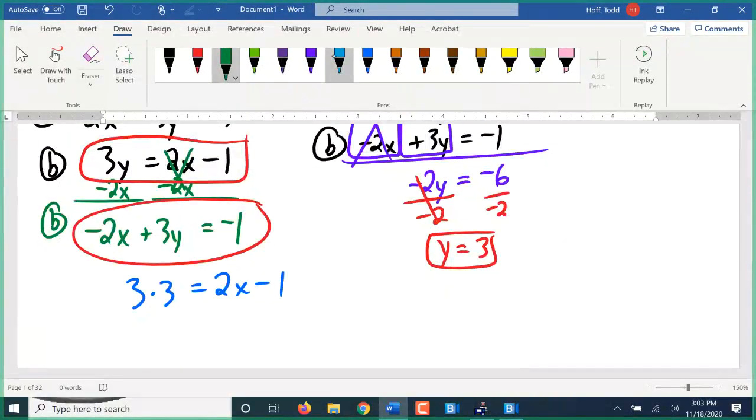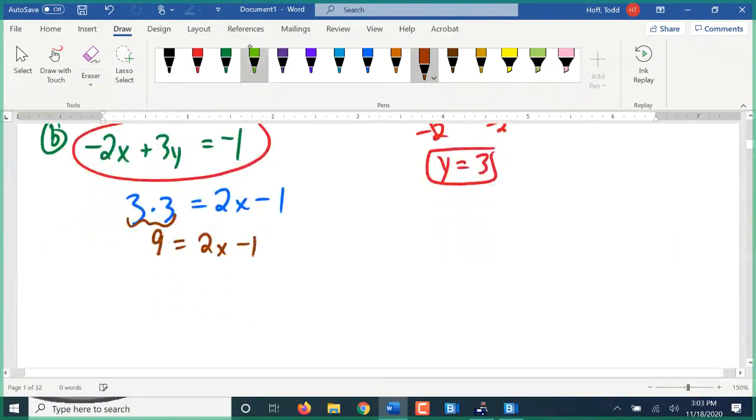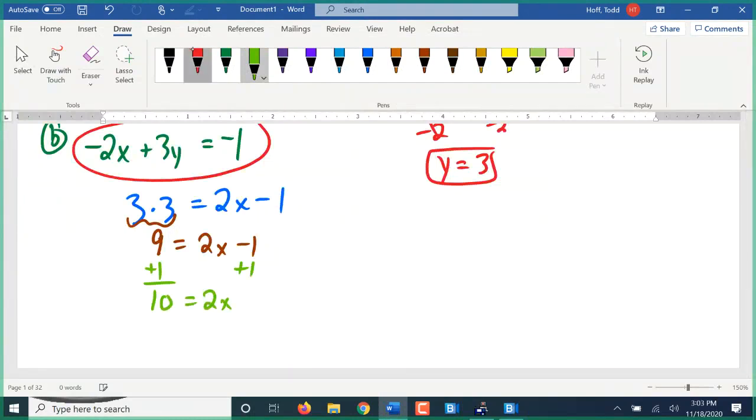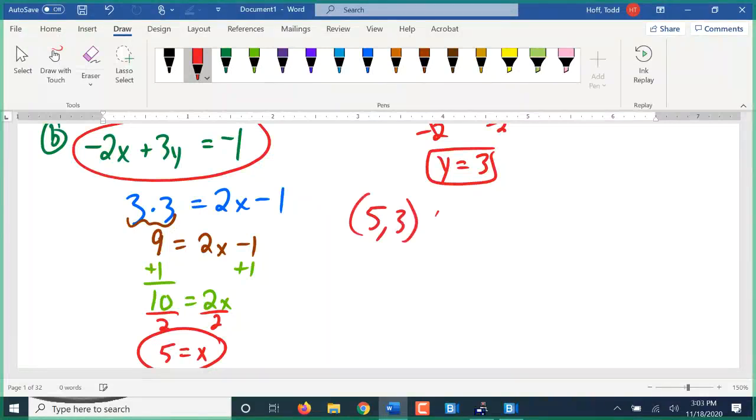Well, I'll combine: 3 times 3 is 9 equals 2x minus 1. I'll add 1 to both sides, giving me 10 equals 2x. Then we'll divide by 2. 5 equals x. So our solution here, x equals 5 when y equals 3.